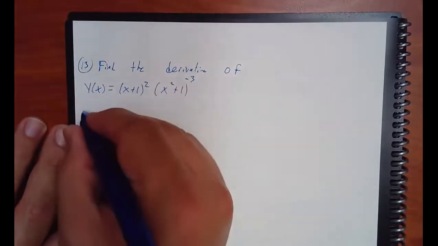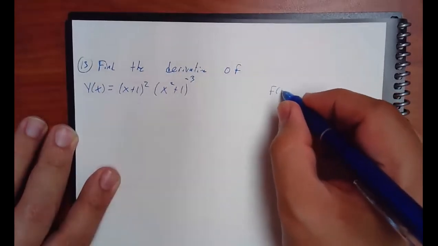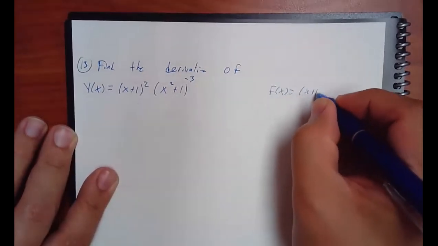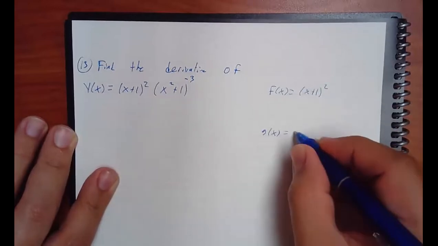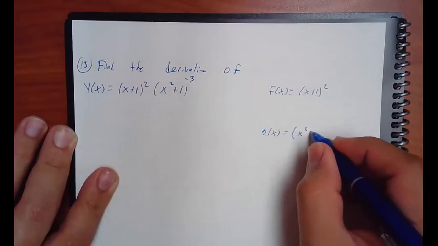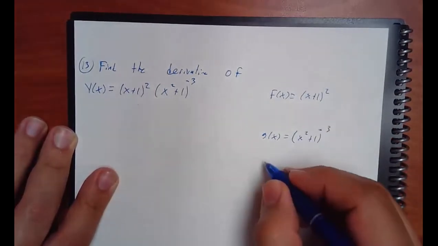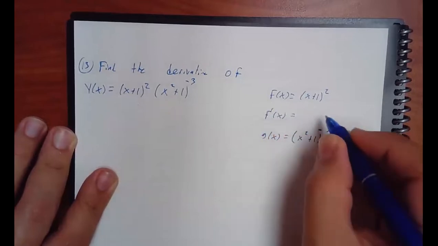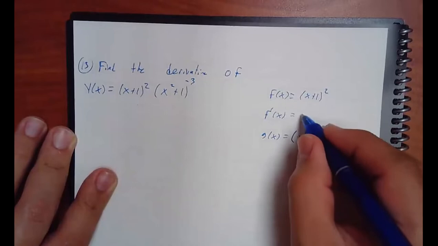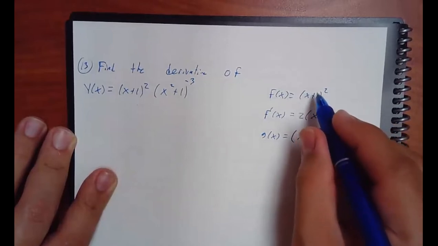Right, so I have a product. And this product is going to require a quotient. So right here, the derivative of f is you take the derivative of the outside times the derivative of the inside, which is a 1.